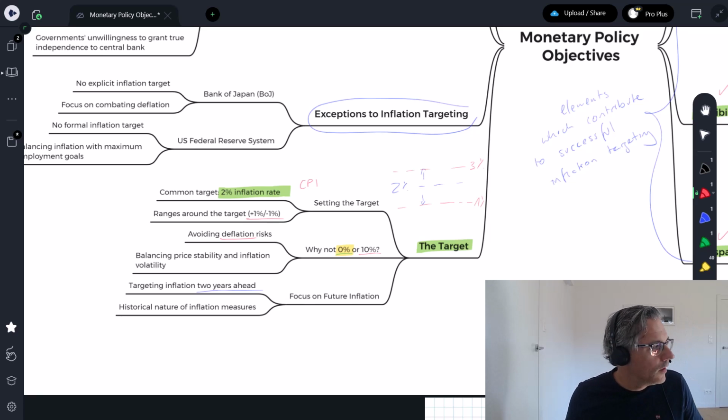Well, at higher levels like that, double-digit figures, inflation just becomes very unstable. And it's easy to get into what's known as an inflation spiral. Your book doesn't discuss this here, but the inflation spiral is when we all start expecting inflation to be high, we start demanding higher wages from our employers because we expect prices to be higher in the future, so we know we want to earn more.